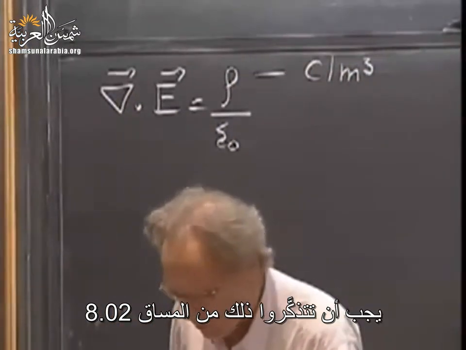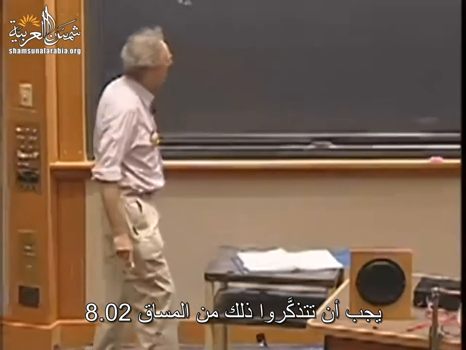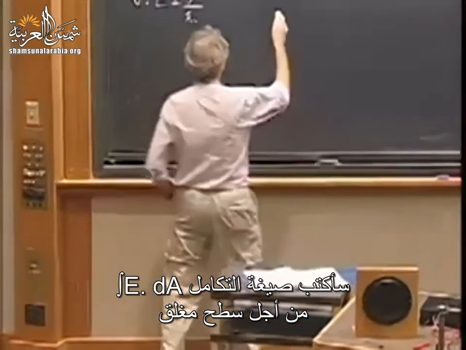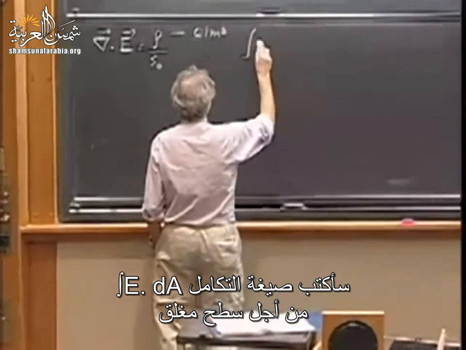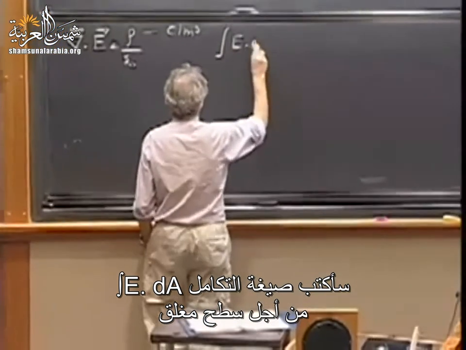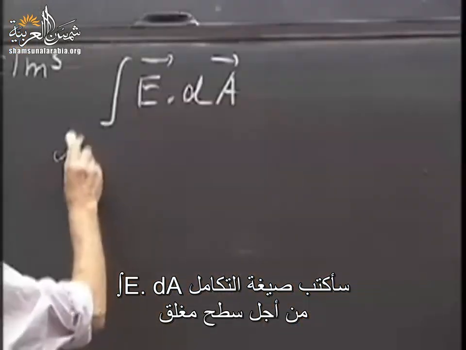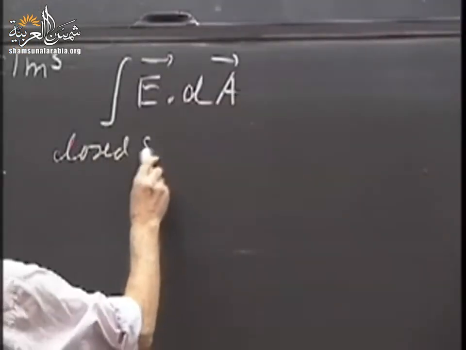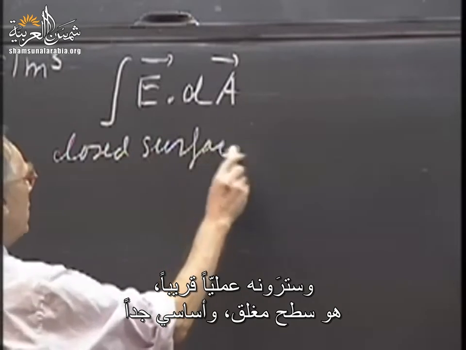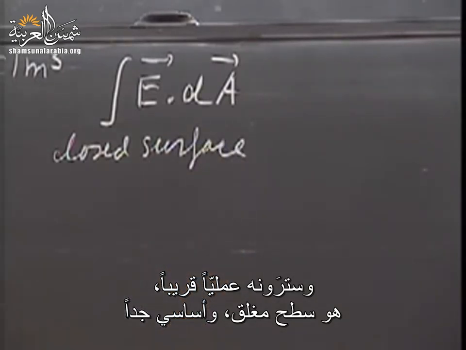So you should remember this from your 802 days. I will write it in integral form. If I have the integral of E dot dA, I have a closed surface, and you'll see it at work very shortly. Closed surface, very essential.